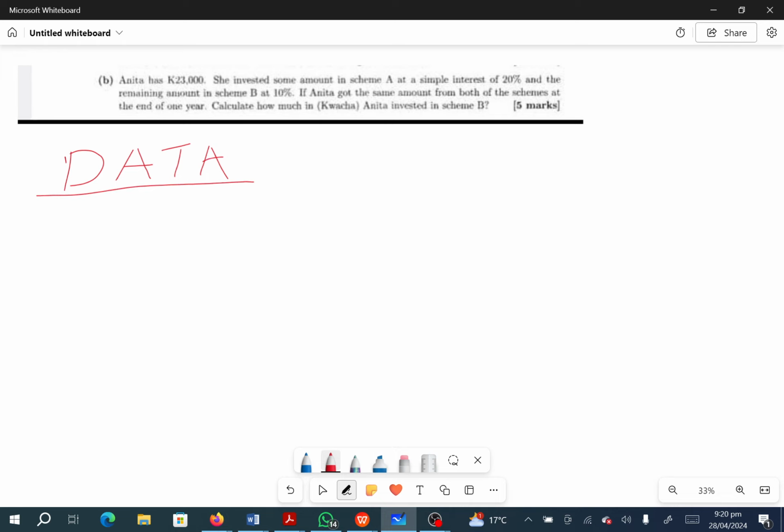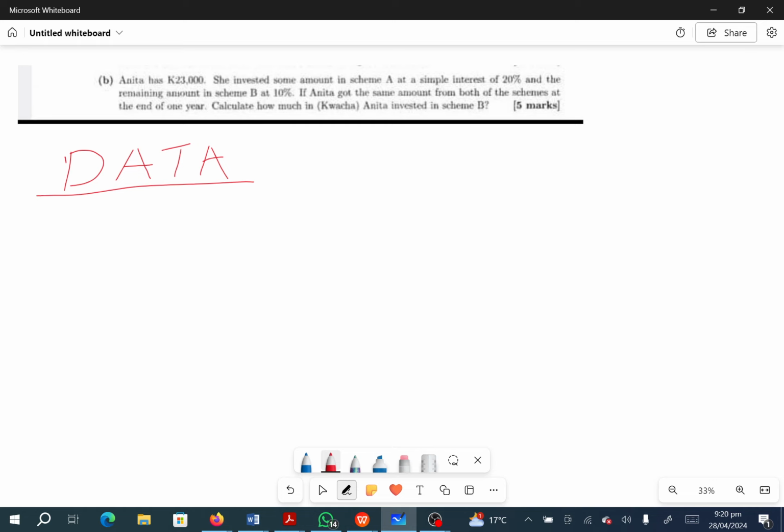Okay, so we are now collecting our data. From this data, we are told that Anita had a certain amount in total, which was the money at disposal, which was 23,000.